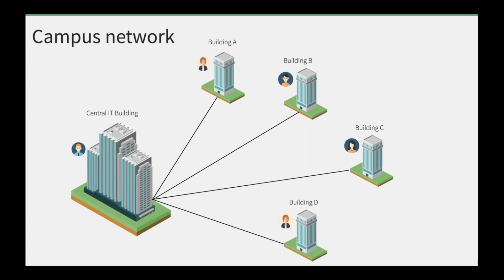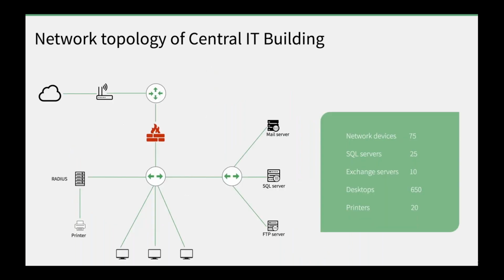So from building A, building B, building C, and the central IT building, there are various number of devices, servers, routers, switches, load balancers, printers available, and he needs to make sure that all the relevant devices are monitored in his OpManager software. So to give you more clarity, here is the topology diagram of the central IT building.